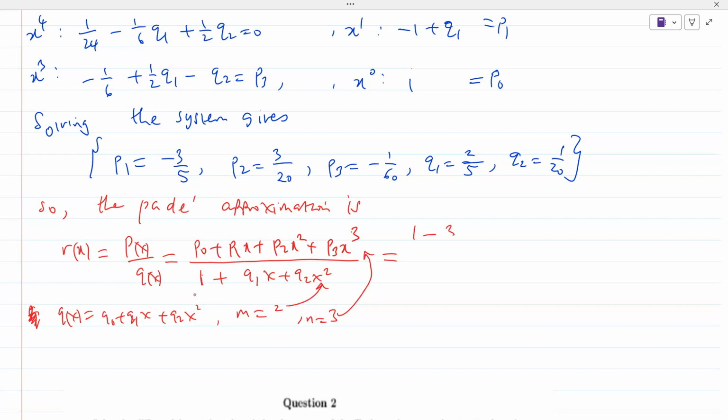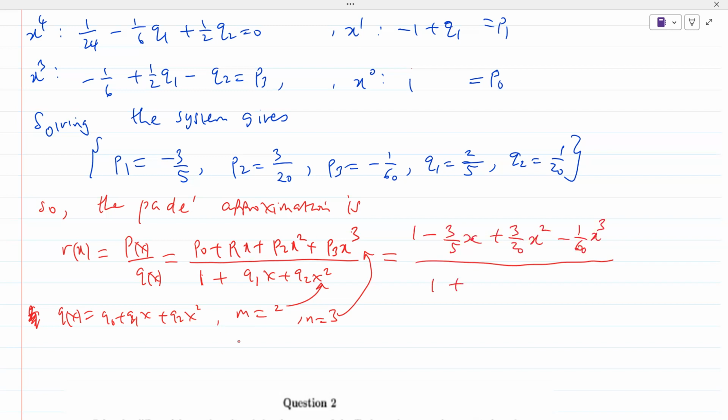Okay, we're just dealing with the Pade here. It's not really a big deal, but now it comes normally with the Chebyshev polynomials, and I want to discuss the Chebyshev polynomials as well. So it is 1 minus 3 over 5 x plus 3 out of 20 x squared minus 1 out of 60 x cubed, divided by the denominator, which is always 1 there, and then plus q1 itself.